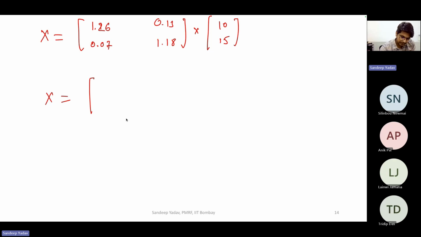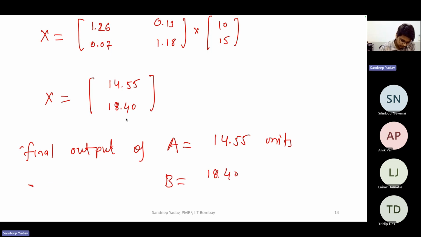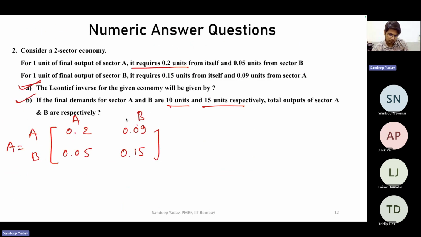When we solve this, we get around 14.55 and 18.40. So that means the total output of sector A would be 14.55 units, because no units are given, and B is 18.40. We have solved the second part of that question also.